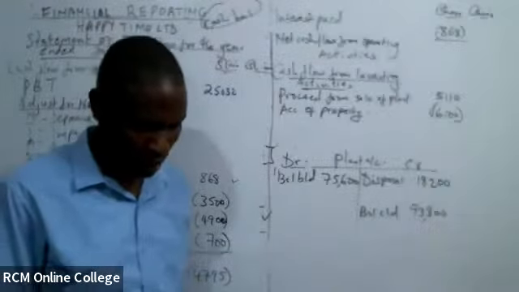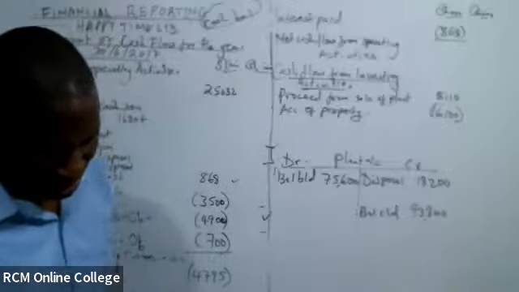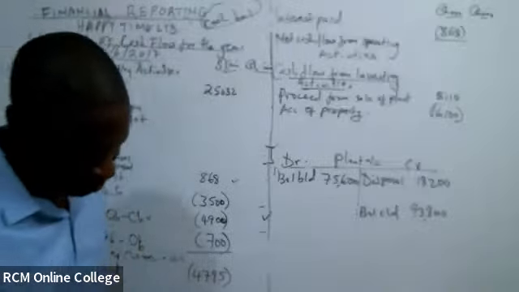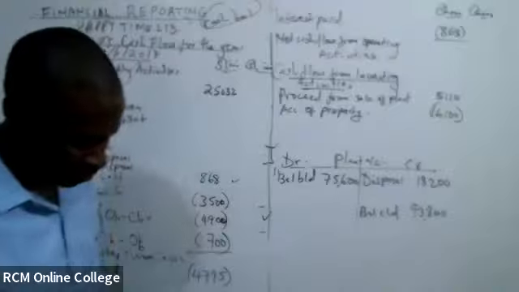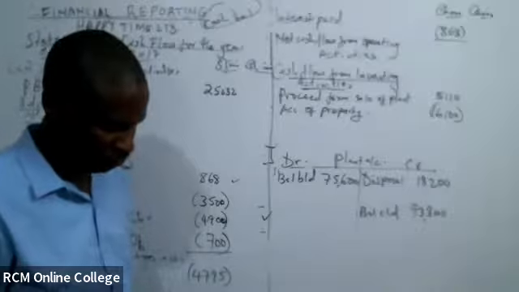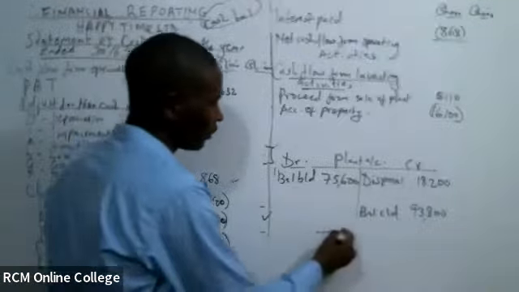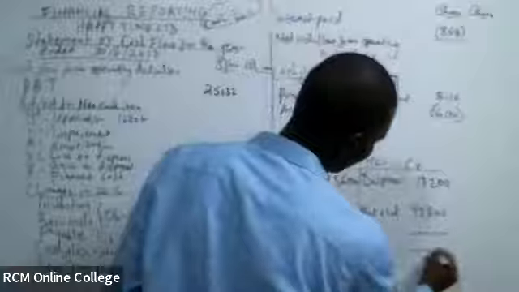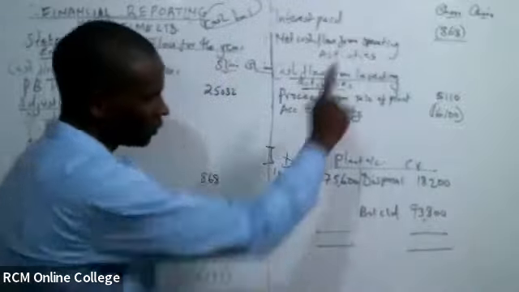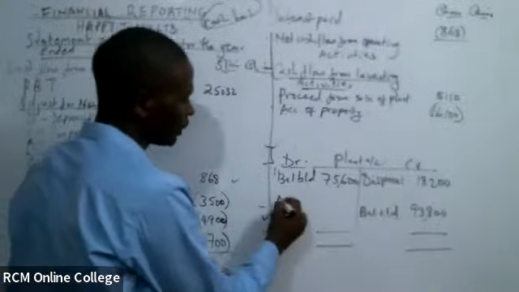Anything else that happened to our plant? I don't think there's anything else that happened to this. Let's balance it. Balance the account and see the acquisition. What did you acquire? The balance there is what was added. I see it will be the acquisition here.